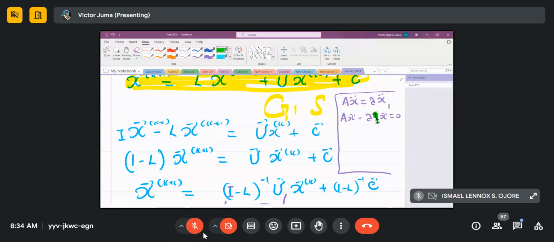It's just like taking a number and multiplying by 1. So I'm multiplying by the identity matrix because I need to subtract matrices. So I multiply the other part by an identity matrix of the same order as the matrix. Does that answer the question?